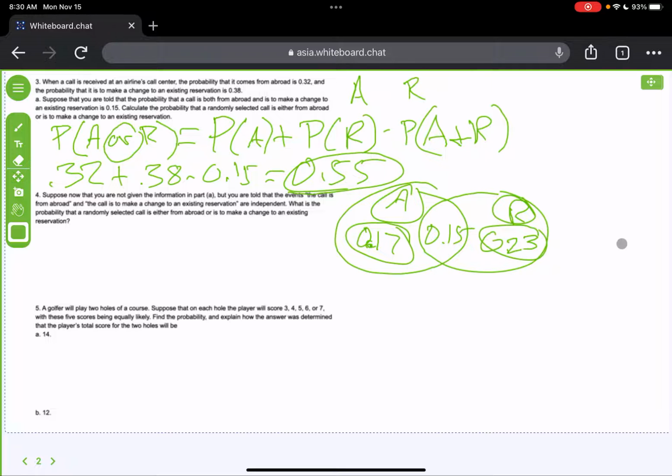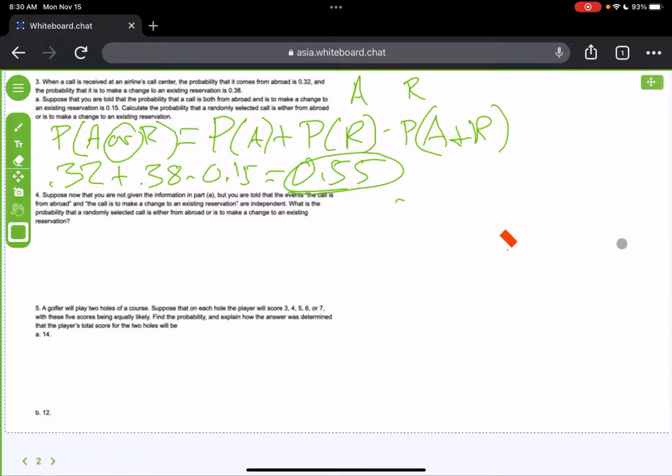Okay? We know that for them to be independent, that means that we can multiply those two together, right? And that gives us our number. That gives us this number right here. So let's do that. Suppose that we were not given this information. So let's get rid of that.